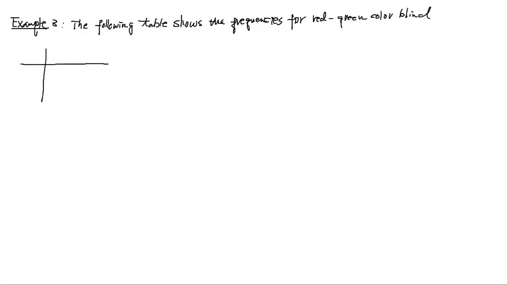So in this table, this is the male, M-A-L-E, and we use M to represent it. And here, this is the female.